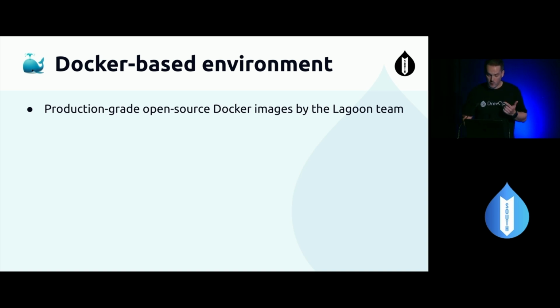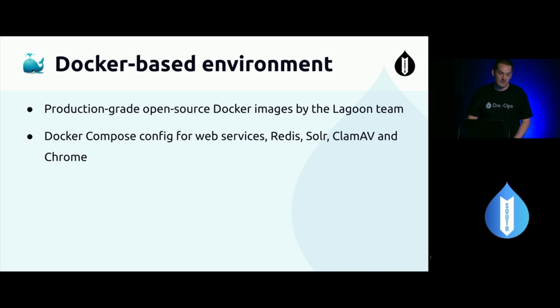But the ones that are currently used are Lagoon images. If you don't know what Lagoon is, amazee.io, they support open source Docker images that are production grade. What that means is whatever you use locally, you can use the same thing in CI and in production. So these are production-grade images used actually by quite a lot of sites, including government sites. So very reliable, and the Lagoon team does a really good job maintaining those.